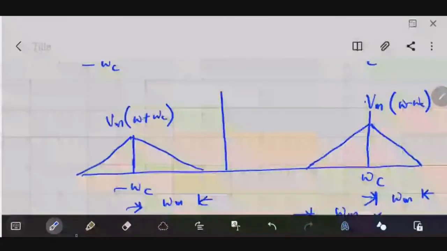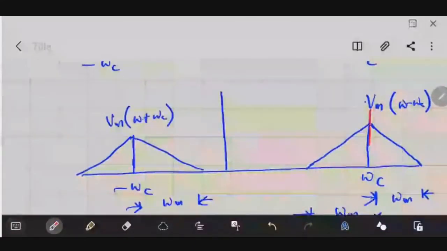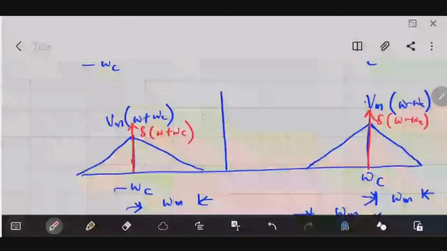Let me just change the color so it will be easily visible. So this is that carrier, del of omega minus omega c, and this is your del of omega plus omega c. So these are the terms that were present in the equation for the amplitude modulated wave, as you could see here.